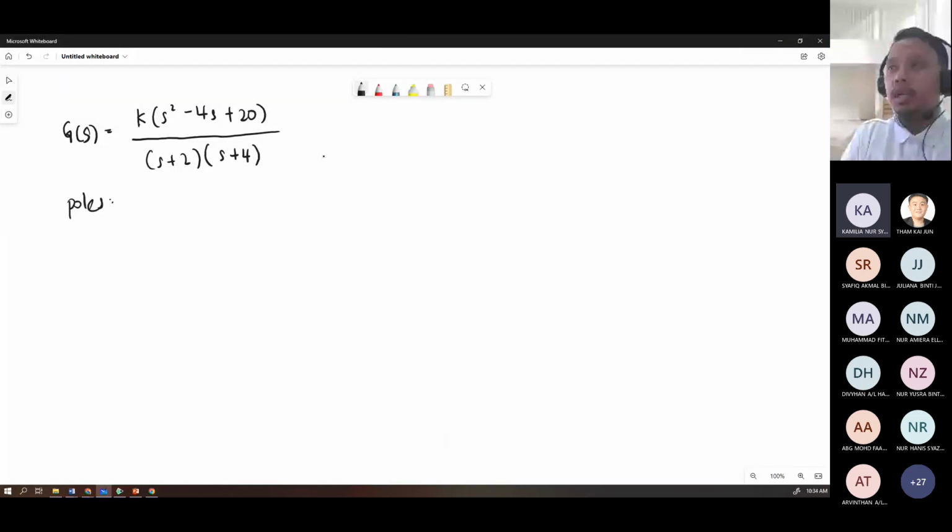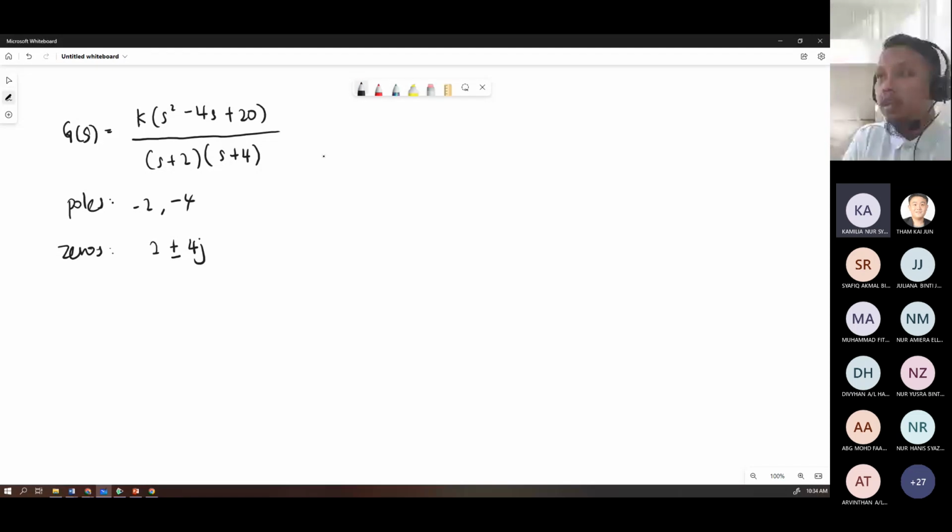So the poles are -2 and -4, and zeros are from this equation. This is a quadratic equation, so you can solve it using a calculator. You end up with 2 plus minus 4j.